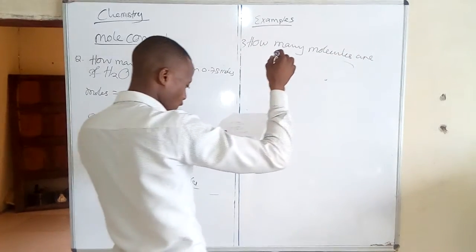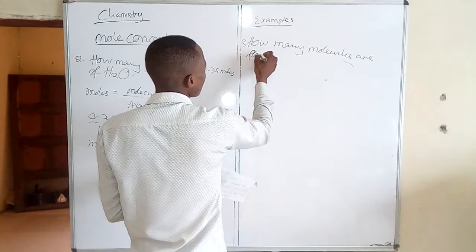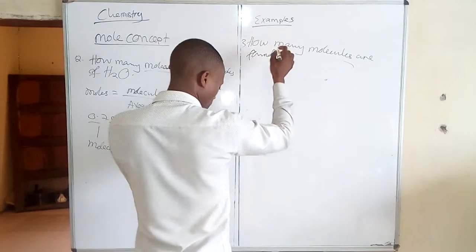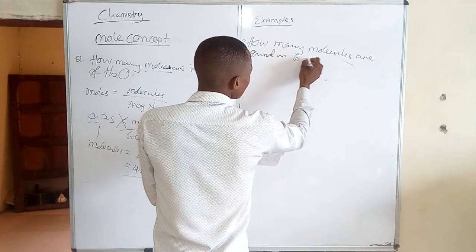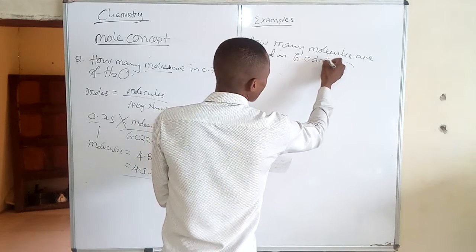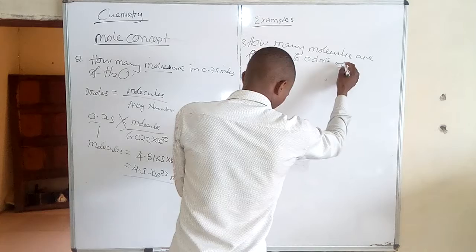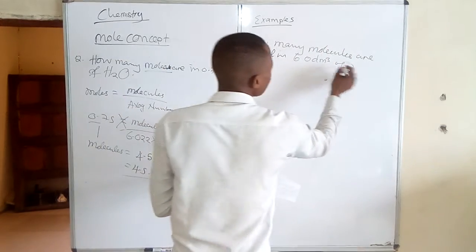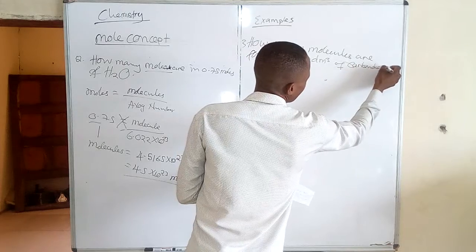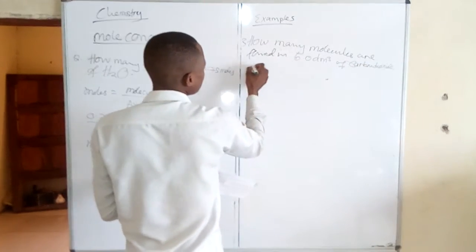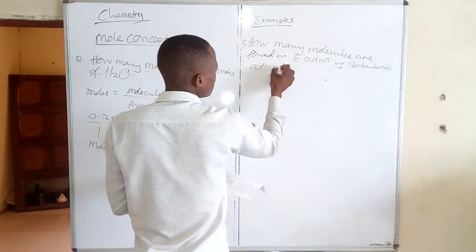How many molecules are found in 6.0 decimeter cubic of carbon dioxide at RTP?